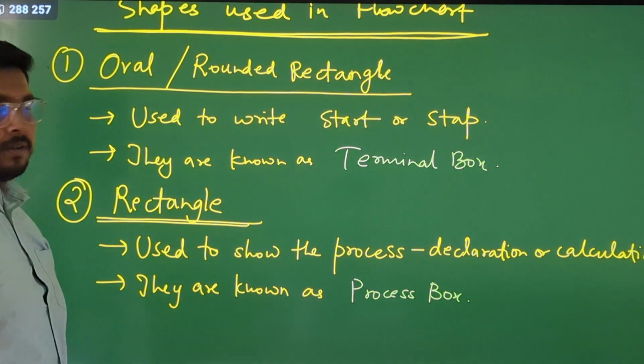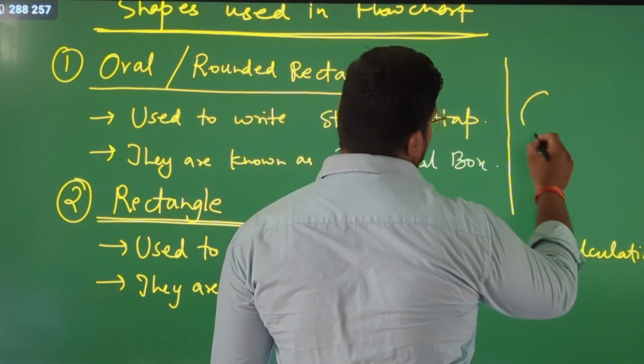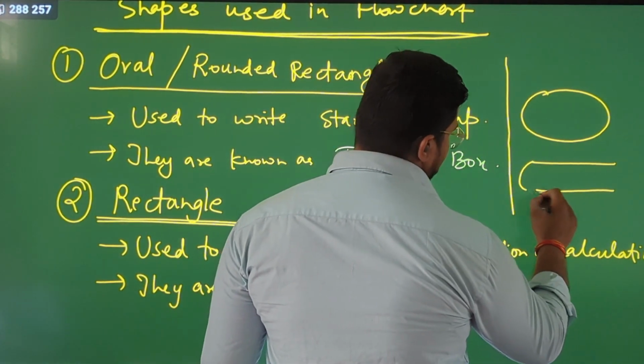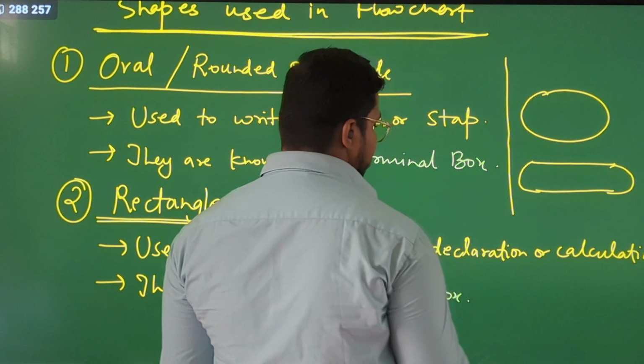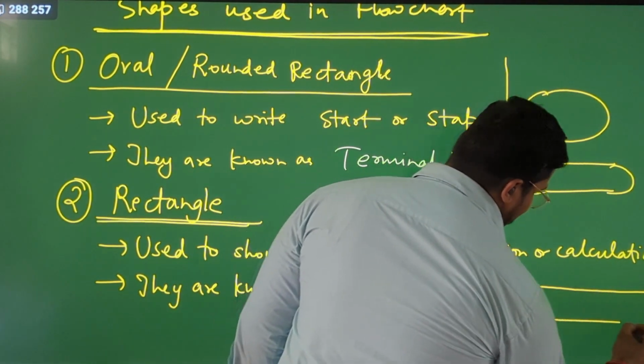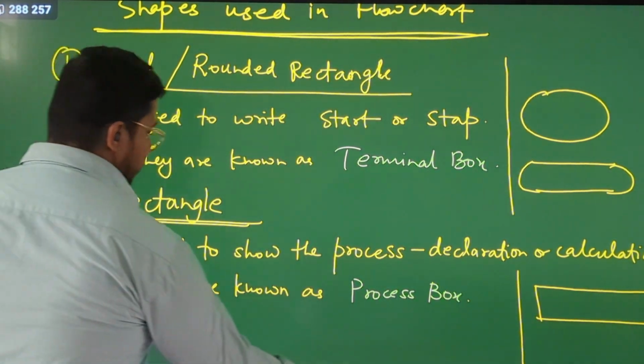Correct. The oval shape will be like this, a rounded rectangle, while the process box shape will be a pure rectangle. Yes or no?